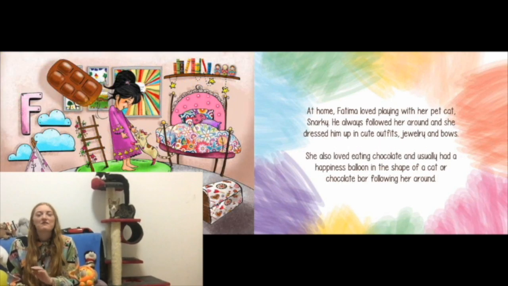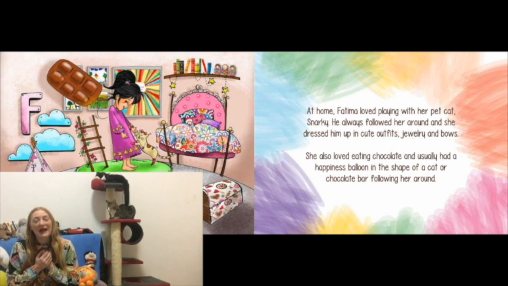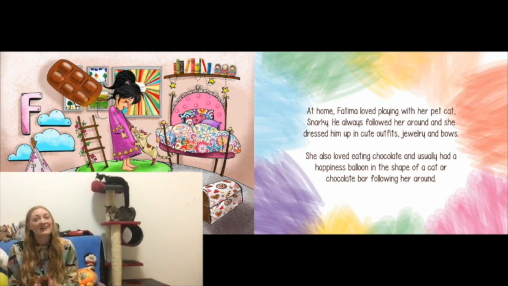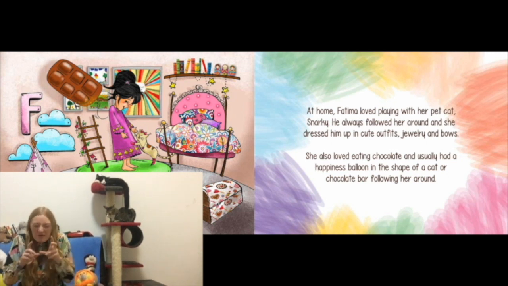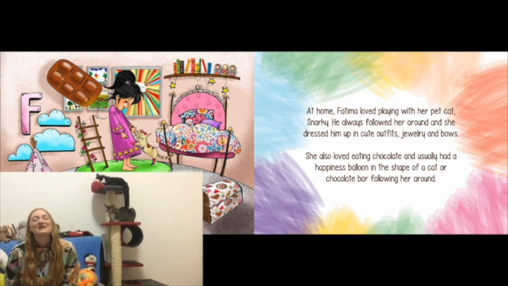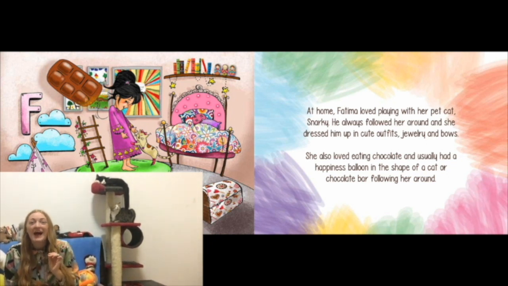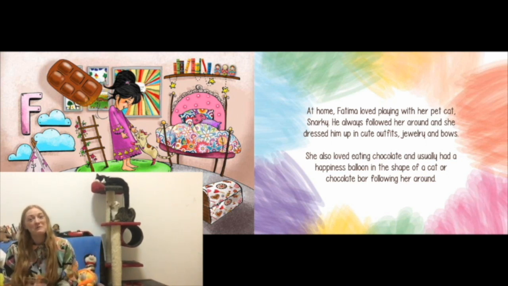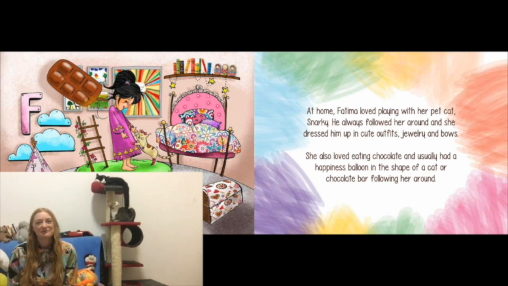At home, Fatima loved playing with her pet cat, Snarky. He always followed her around and she dressed him up in cute outfits, jewellery and bows. She also loved eating chocolate and usually had a happiness balloon in the shape of a cat or chocolate bar following her around.